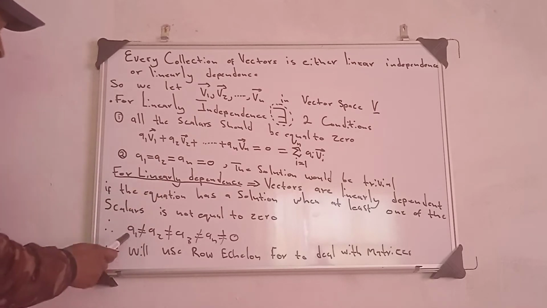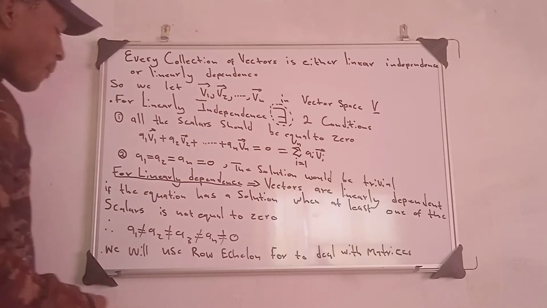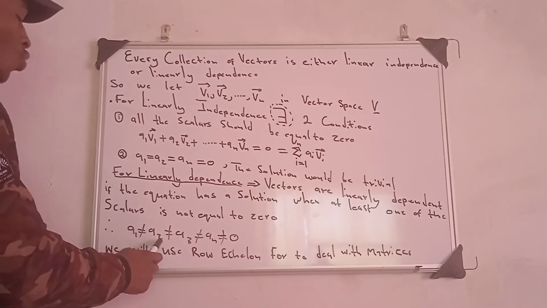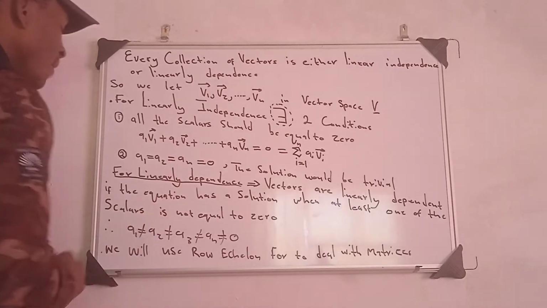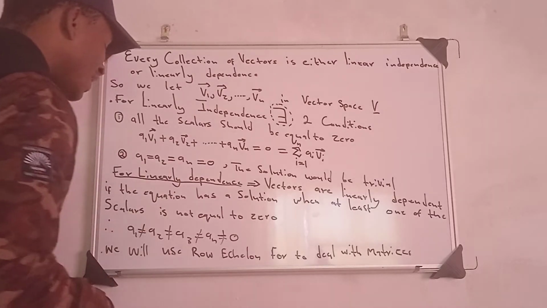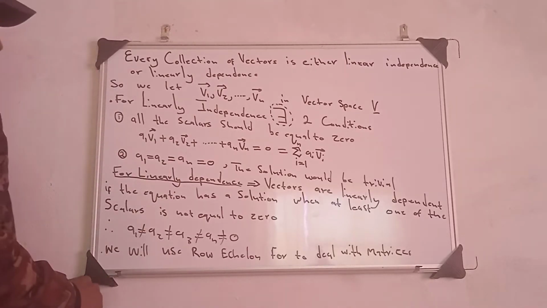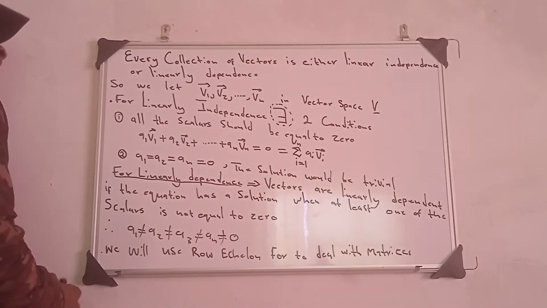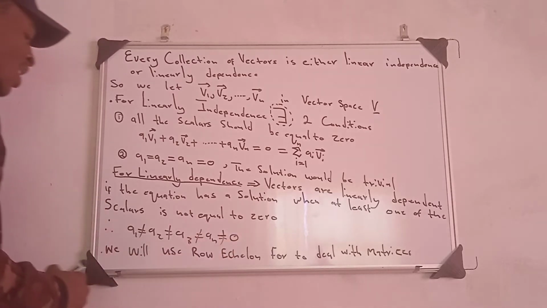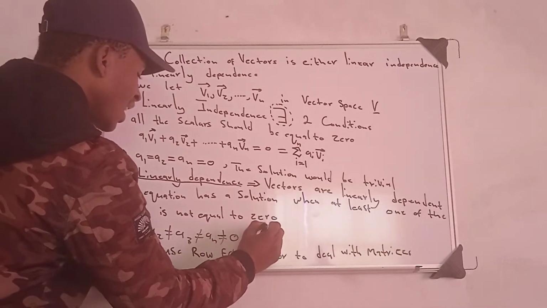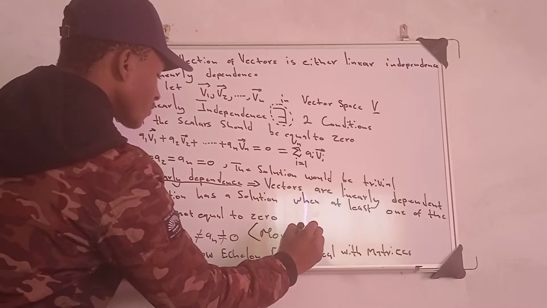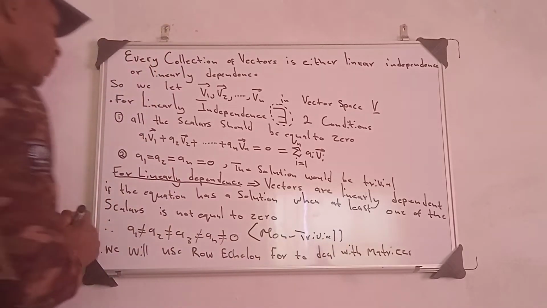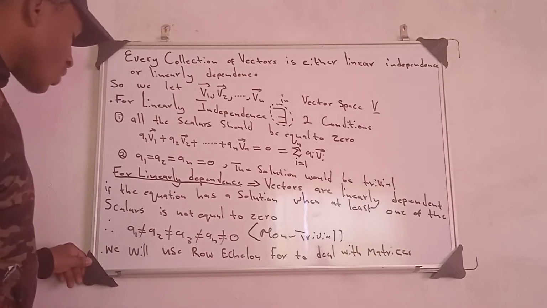We mean that a1 is not equal to a2, or sometimes a1 can equal a2, but a2 will not equal a3, and the scalars are not all equal to 0. So the solution would be non-trivial.